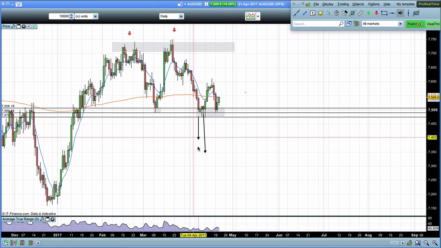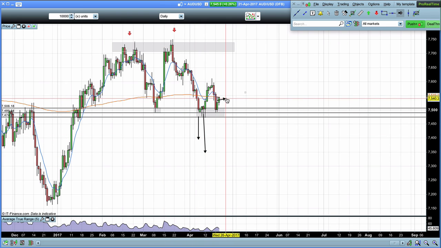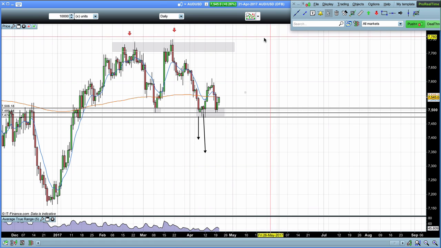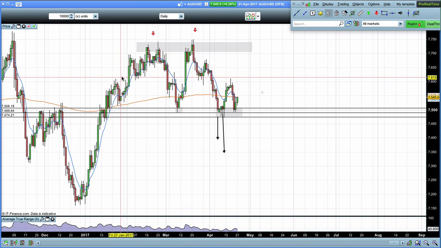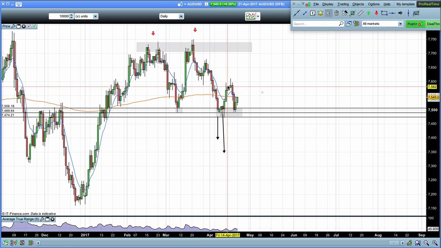And they identified a level. I can't remember what level they identified, but that's what they said. It's based on opinion rather than price action, because the price action is not telling us that we're going to see that strong move down. It's telling us only if we start to break below these levels are we going to see the move down.